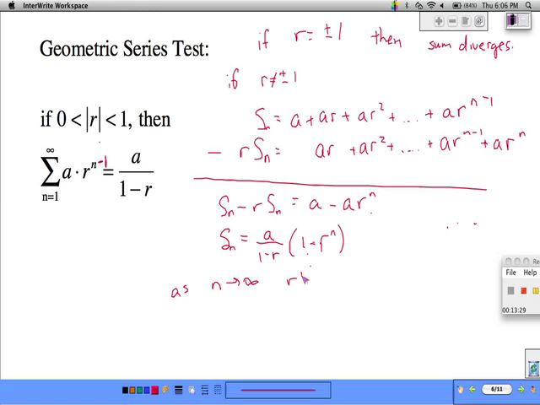r to the n will go to 0 if r is between 1 and 0.